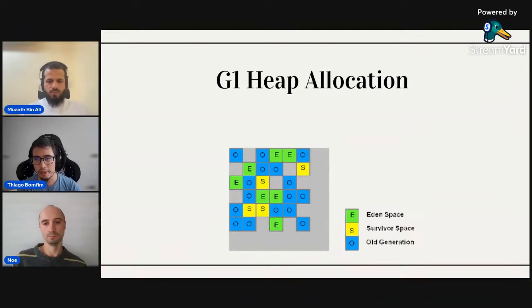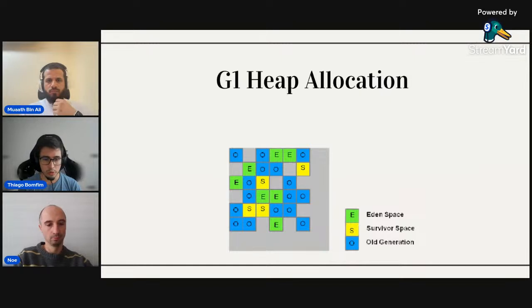Now with G1, it's different. We have a lot of regions, okay? The maximum is 2000 and something. And each region can have a size between 1 to 32 megabytes, okay?